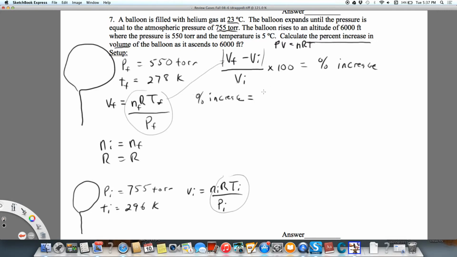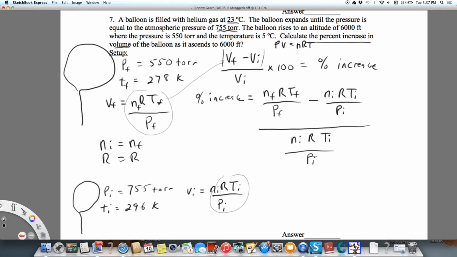So I'm going to take the final times R times temperature final over pressure final, and I'm going to subtract the initial, so that's going to be Ni R Ti over pressure initial. Okay, and then we're going to have our initial on the bottom, Ni R Ti Pi.